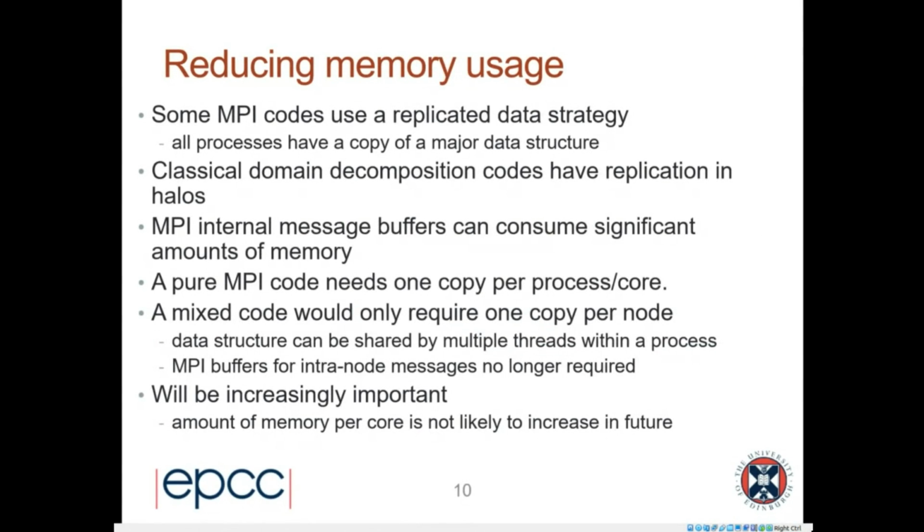win. And why is that a problem? Well, if you require 4 gigabytes per process, that means you can only run 64 processes on an ARCHER2 node. So you have to undersubscribe the processors. You're wasting resources, but you still have to pay for the whole node.